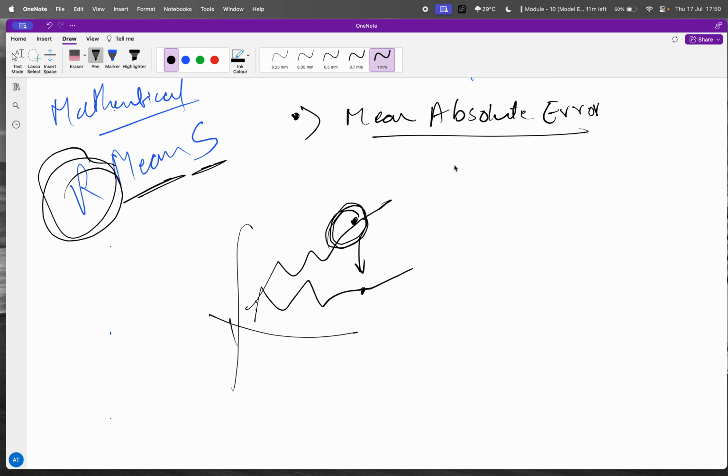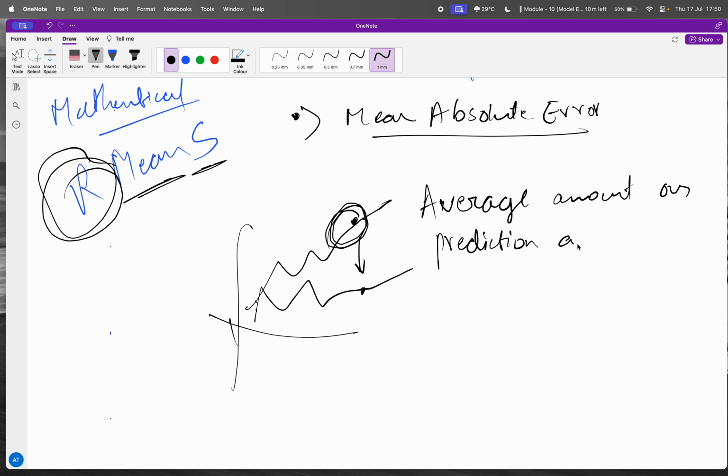So that is the mean absolute error. In layman's terms: the average amount our predictions are off by. See, it is talking about the average amount our predictions are off by.